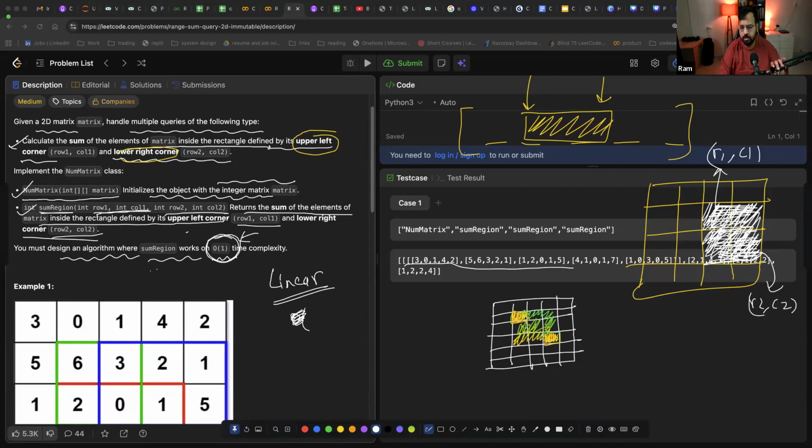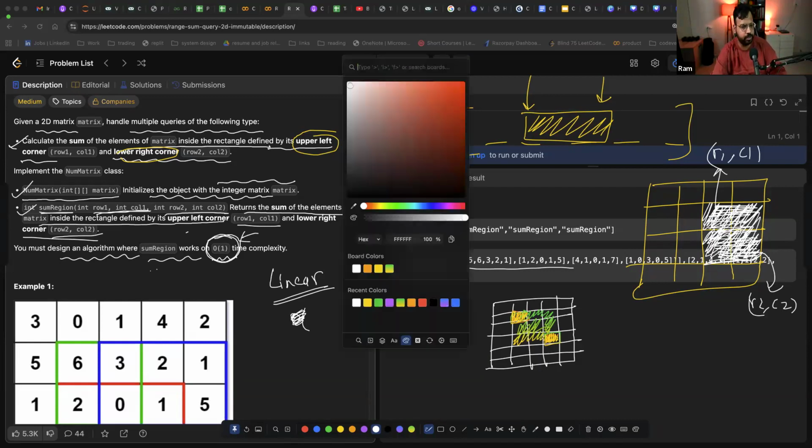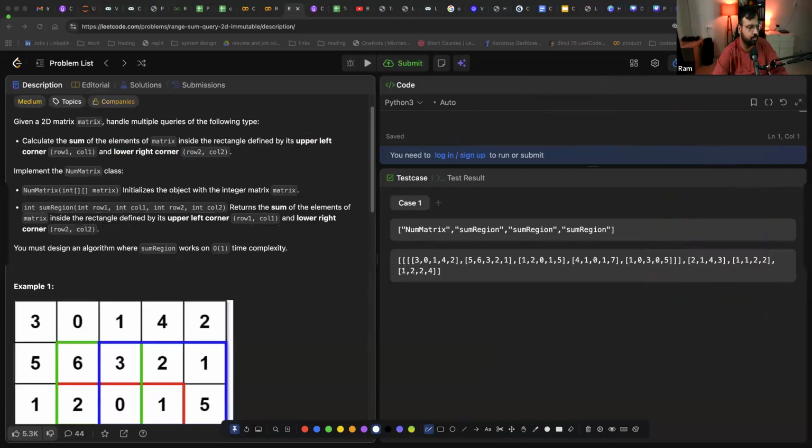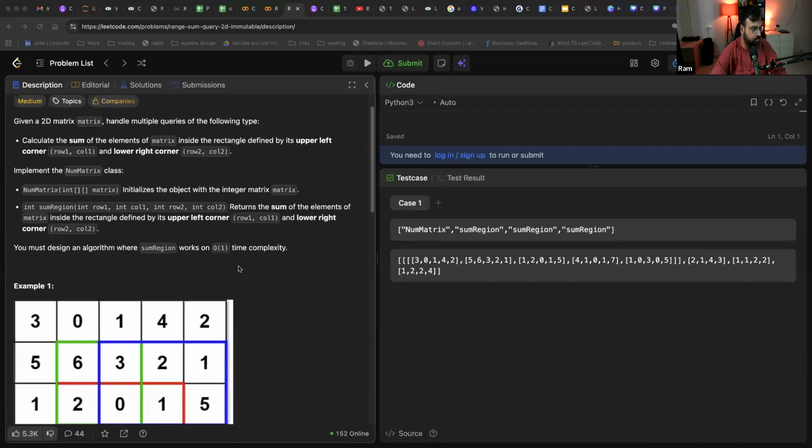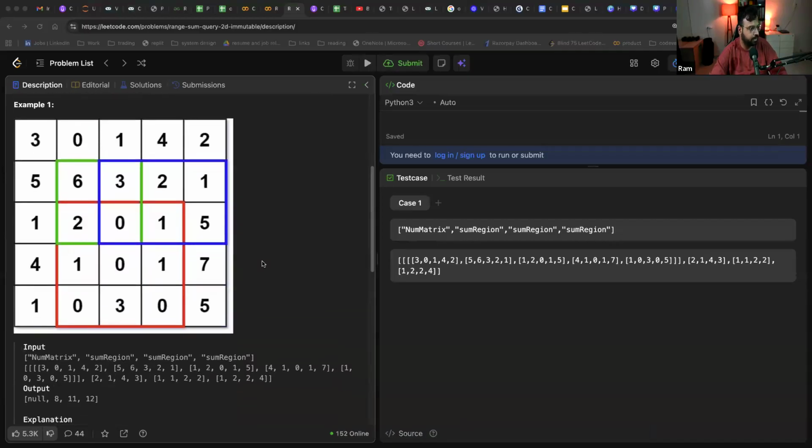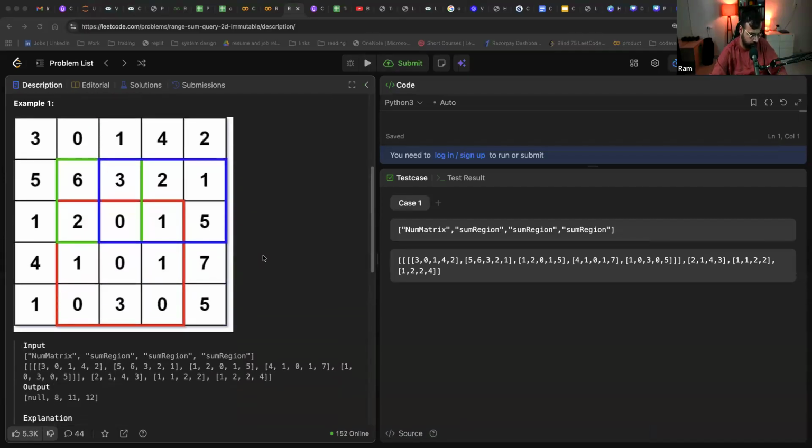Clear? For the solution, let us try to find some intuition of how this is going to work. We'll take this example and first try to make sense of it, and then we'll come up with an approach.